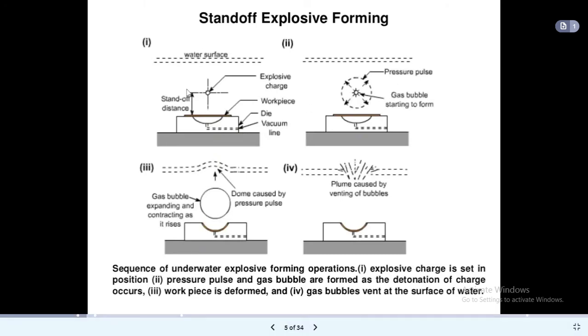When we ignite the explosive material, the blast happens, and due to this blast, high velocity waves of water travel in all spherical directions.